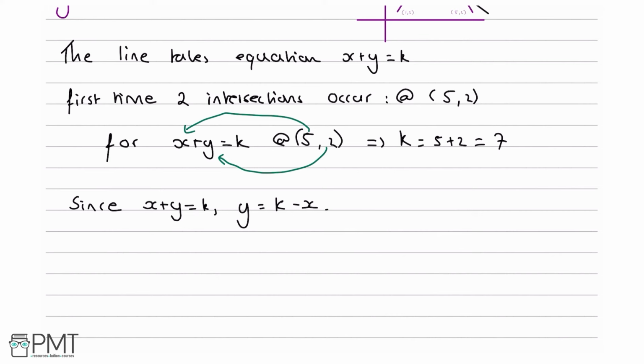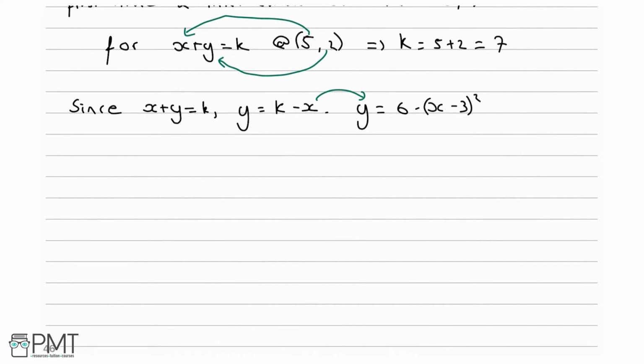Okay, and then we would take our equation y equals 6 minus (x minus 3) all squared, and we will substitute our value of y for k minus x. So we will get 6 minus (x minus 3) all squared equals k minus x. Expanding this out, we get 6 minus (x squared minus 6x plus 9) equals k minus x.